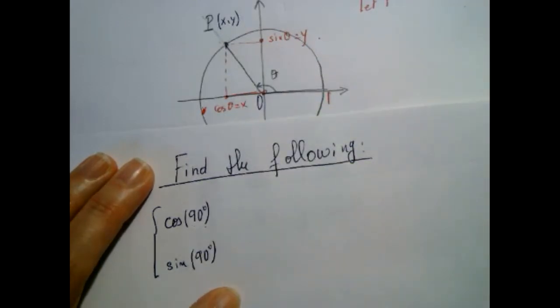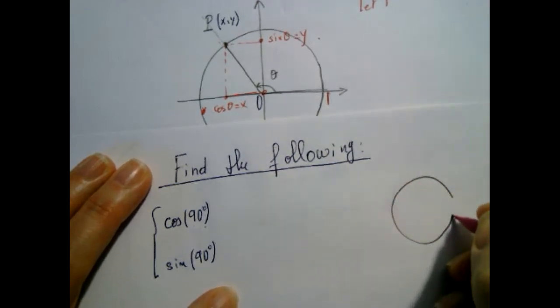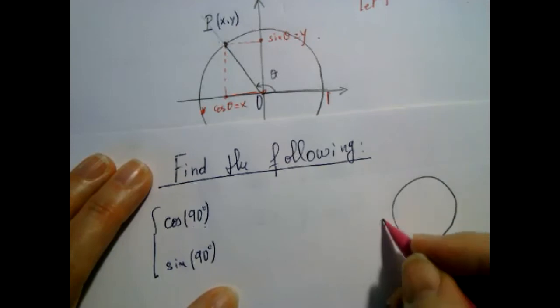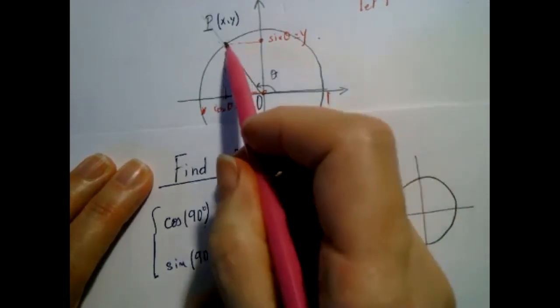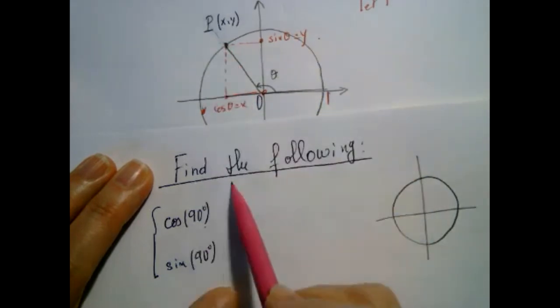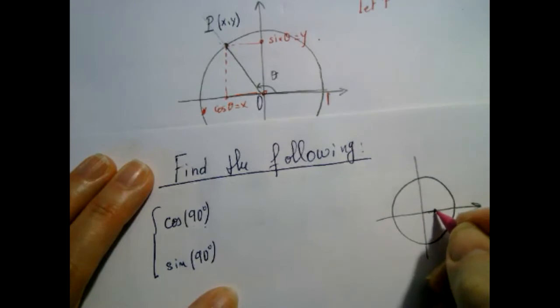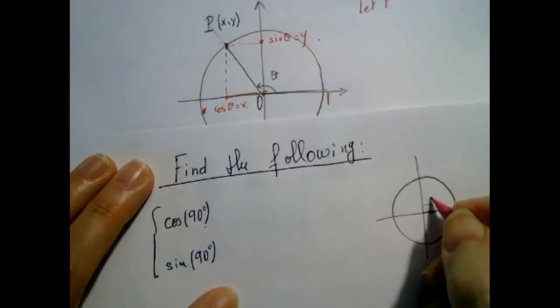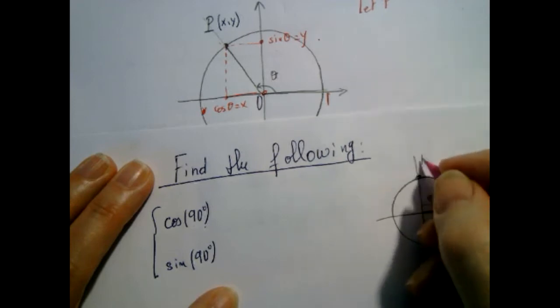So the only way I can do that is to go back to my unit circle. That's my unit circle, and I want to take the P that forms an angle of 90. So from the positive x-axis, an angle of 90 degrees, that's my point P.